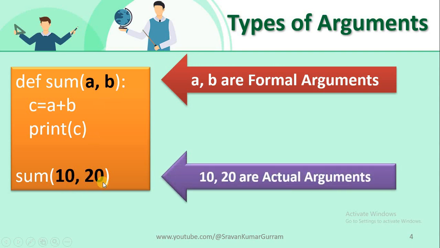And what are the actual values we are sending to this function at the time of the function calling statement? These are called actual arguments. Let me repeat. The actual values we are sending to the function at the time of the function calling statement are called actual arguments.